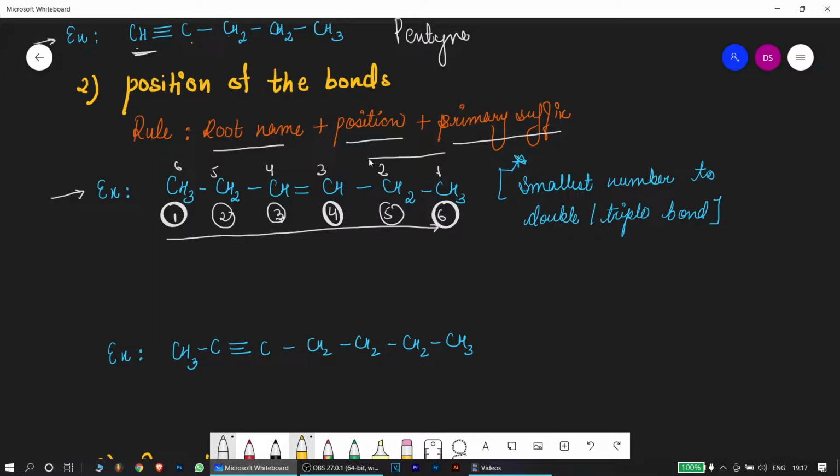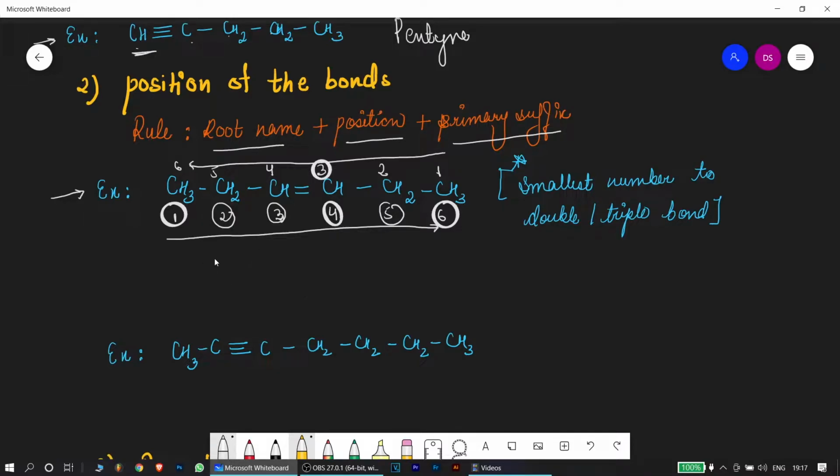Also, if we move from here to here, the position of the double bond still remains the same, that is 3, correct? So that is not a problem. From both the sides, we are going to get the third position for the double bond, right? So we can number it from either side.